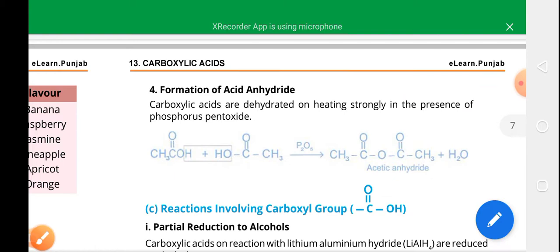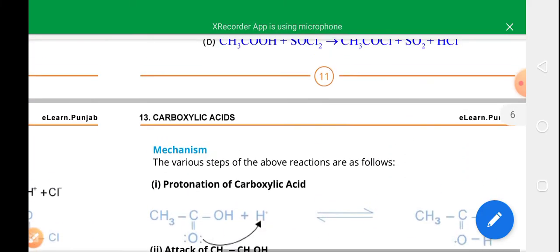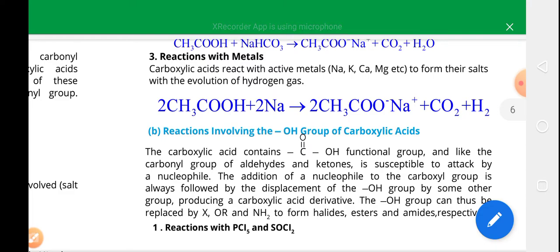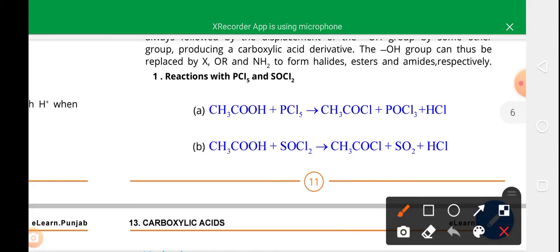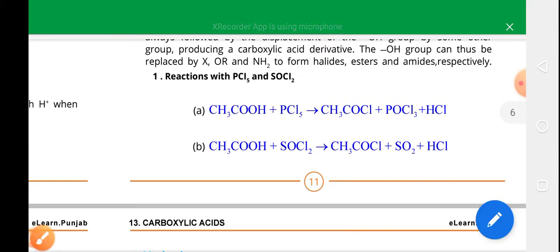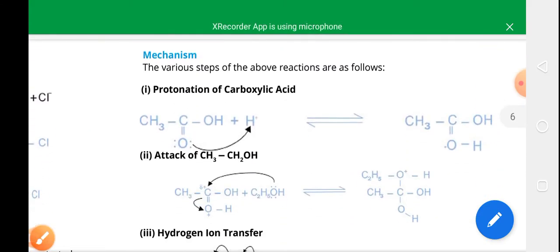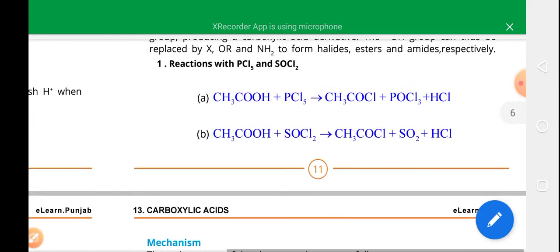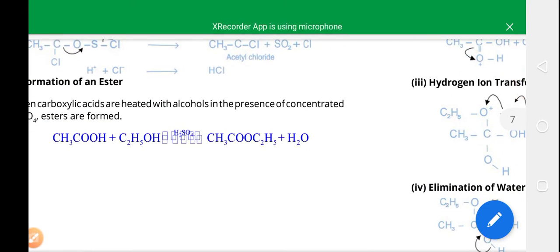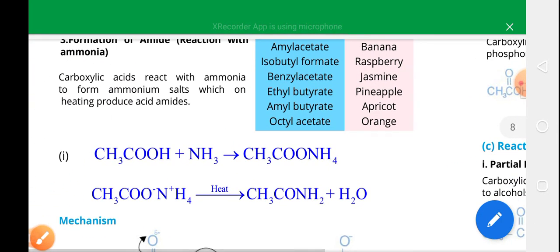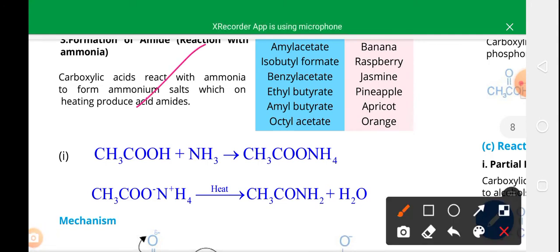So we have discussed formation of four derivatives of carboxylic acid. We have discussed formation of acid halide, then formation of ester, then formation of acetamide.